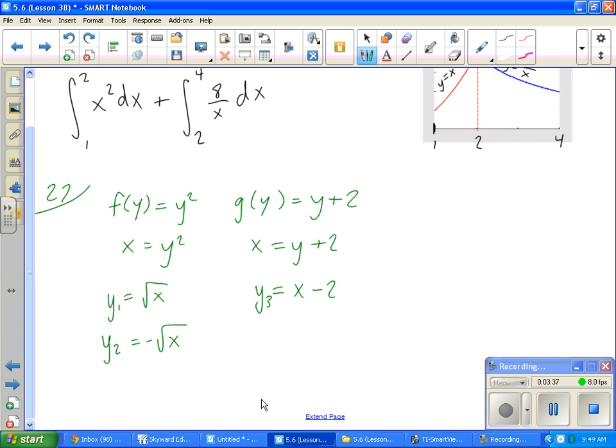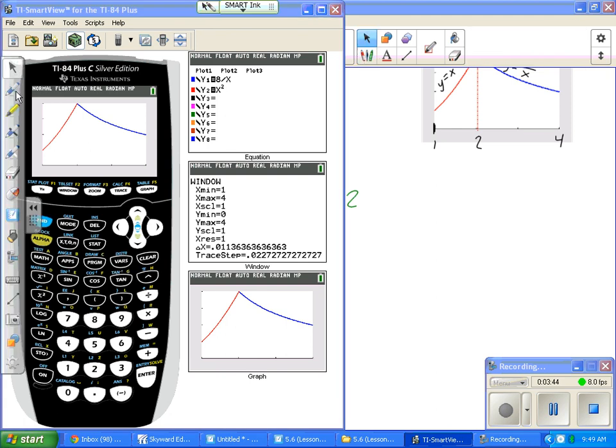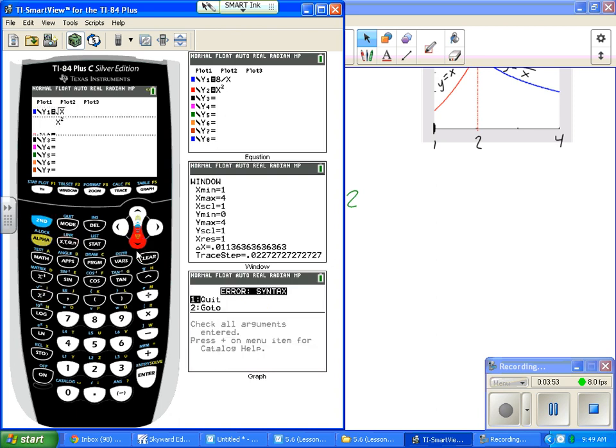And so this would be my y3. Can we use that then? Let's put it in our calculator and see what happens. So positive square root of x, and we're going to do negative square root of x. I'm just going to clear it and try again. There we go. Negative square root of x.